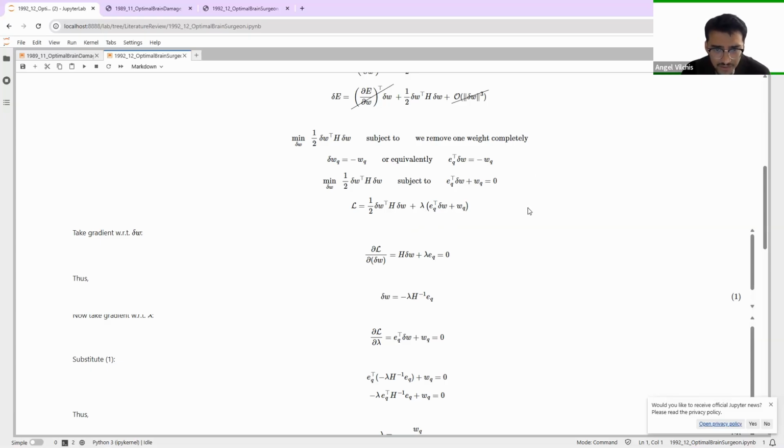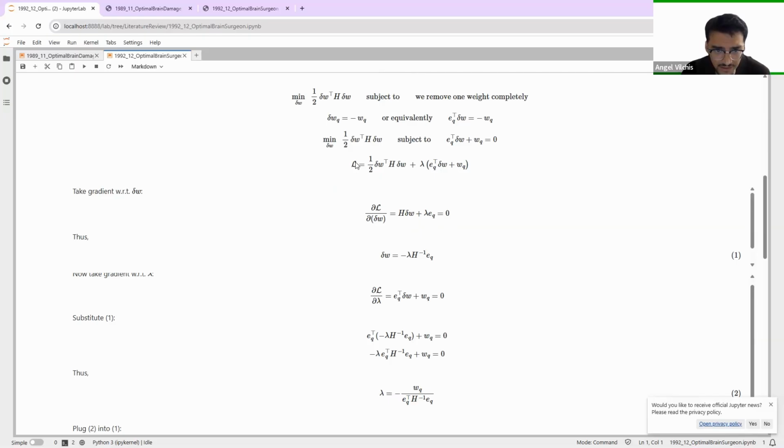So if we set the gradient of L to 0, we can set the two equations, with respect to the change in W and with respect to this coefficient that we add, both equal to 0. So that's what we do.